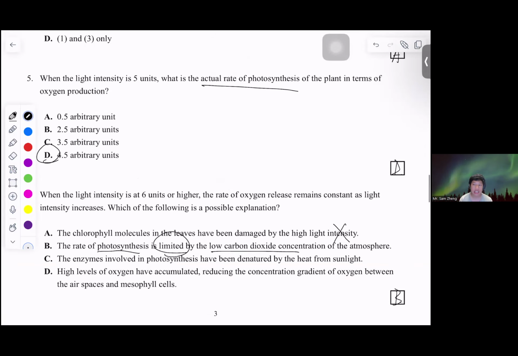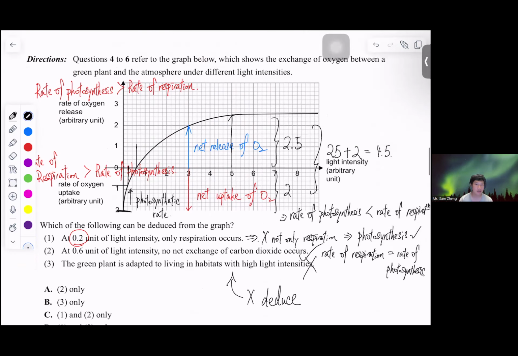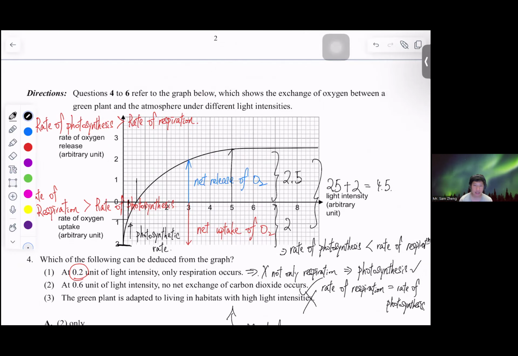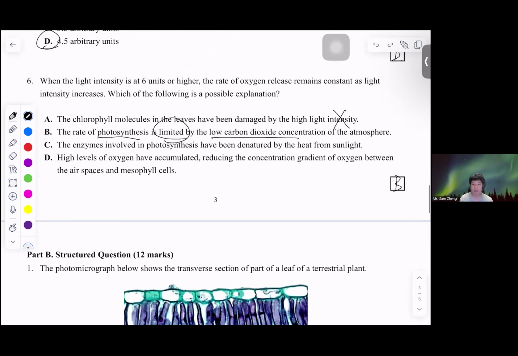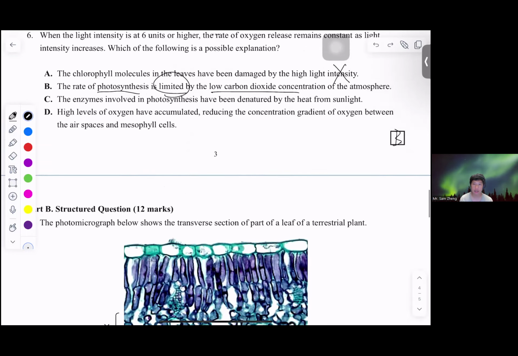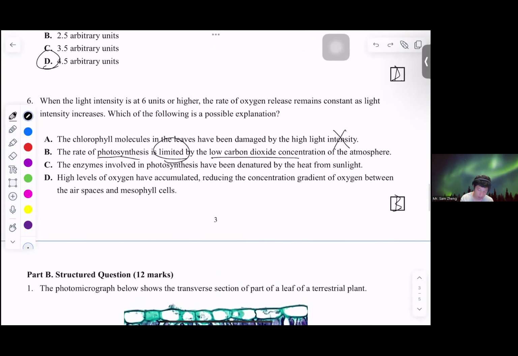If there is denaturation of enzymes or damage to the chlorophyll, then the rate of oxygen release will keep dropping if we further increase the light intensity. But there is no drop in the curve. So this means that it should not be denaturation by the high temperature.